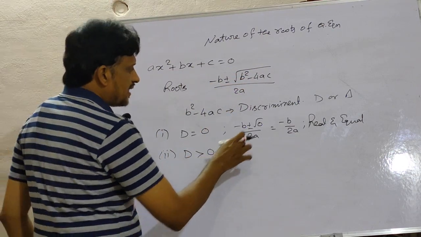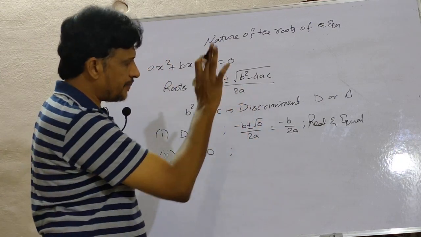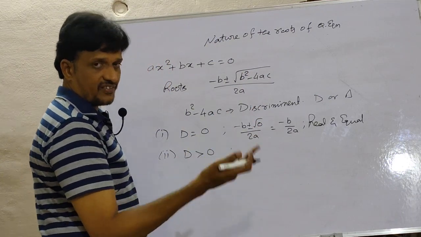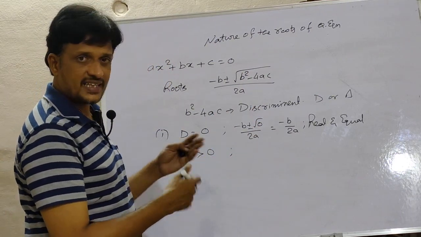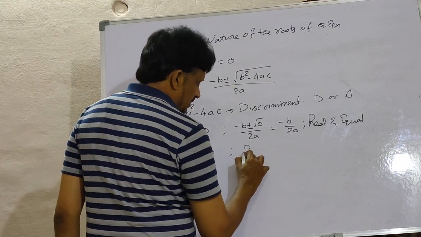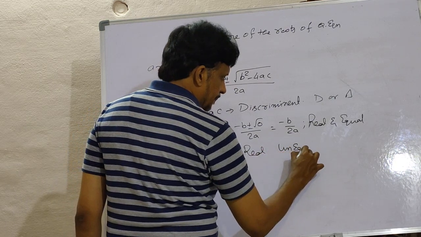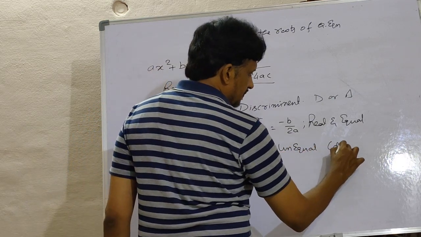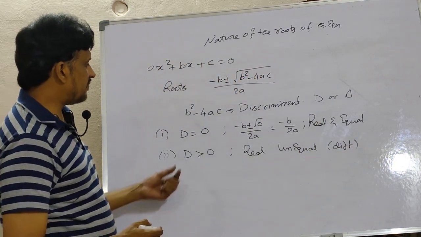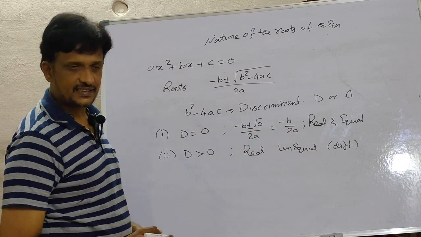In the previous case, adding or subtracting 0 makes no change, so both remain the same, but not here. You are adding a non-zero value, so you will get different values. The value of minus b is increased by 2 or decreased by 2. So in this case the roots are real, but they are unequal, different or distinct. So when this delta discriminant is greater than 0, roots are real and distinct.